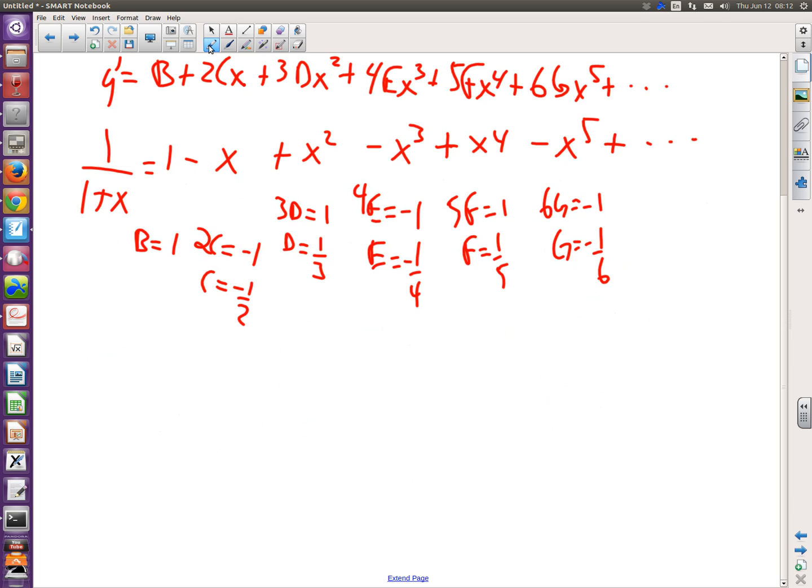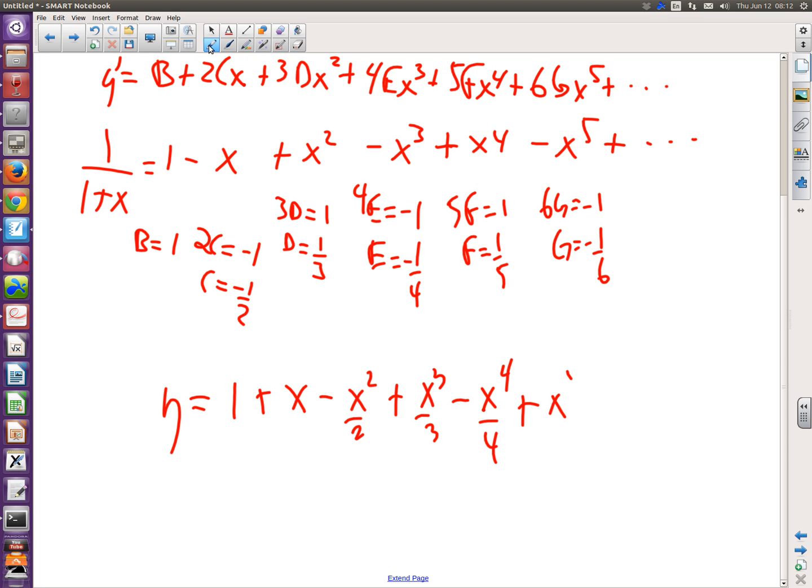All right, so let's write out the solution. So you get y is a plus bx plus cx squared plus dx cubed, and so forth. That's a 6.